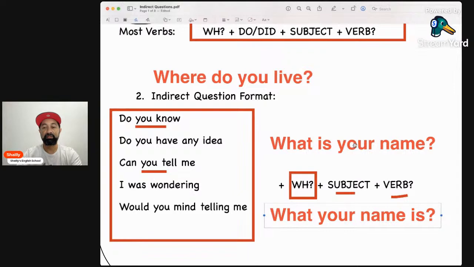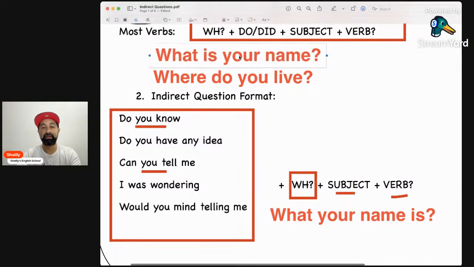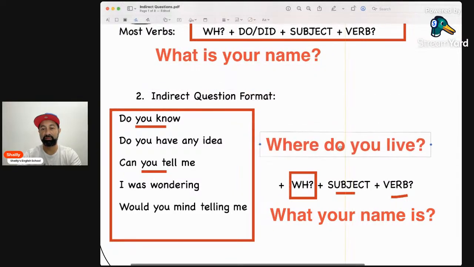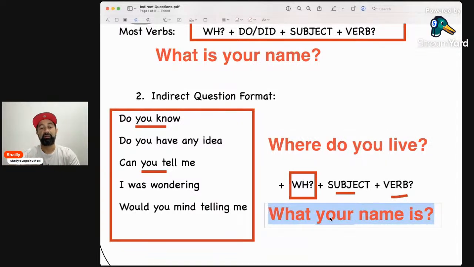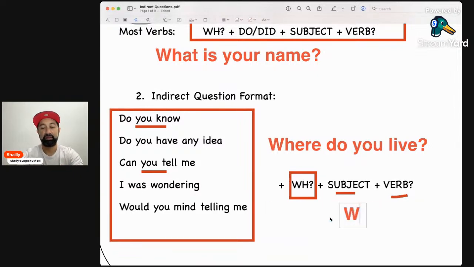Now, let's look at the second direct question we practiced. Where do you live? If I make an indirect question, my question will be, can you tell me where you live?